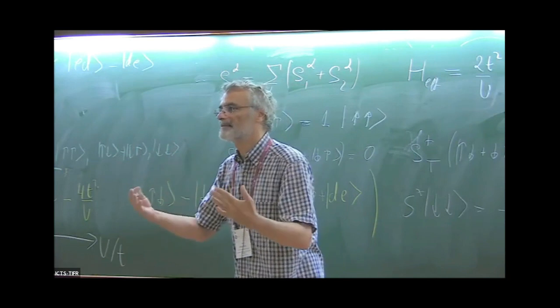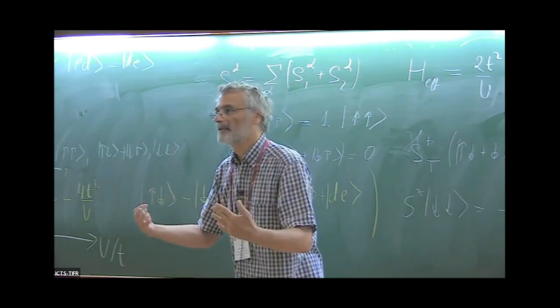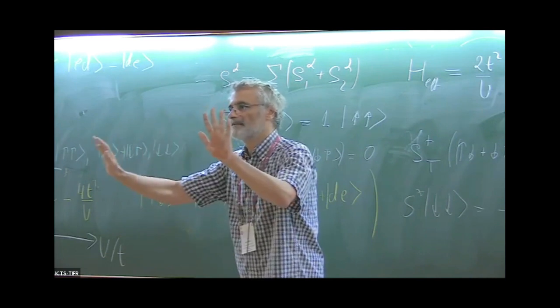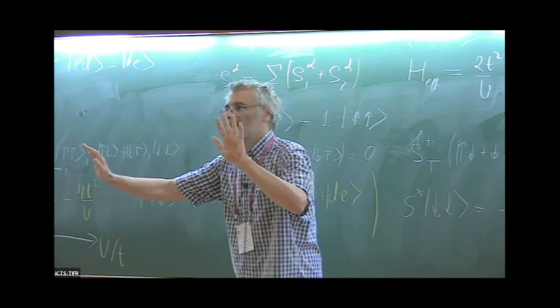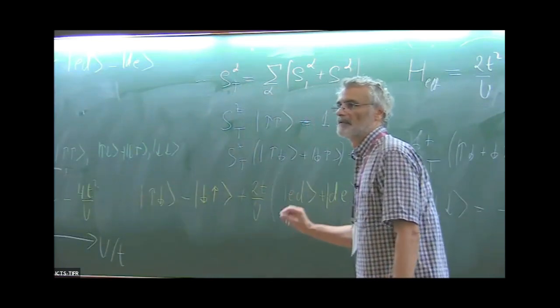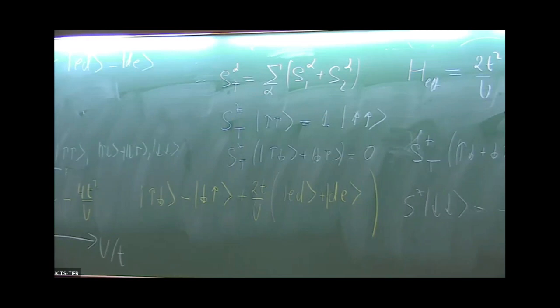But if we ask what is the expectation value of n squared, and look at the fluctuation, n squared expectation value minus expectation value squared, it will give a finite value, and it will be proportional to t squared over U squared. Right. So, okay, is this okay now? Yes.